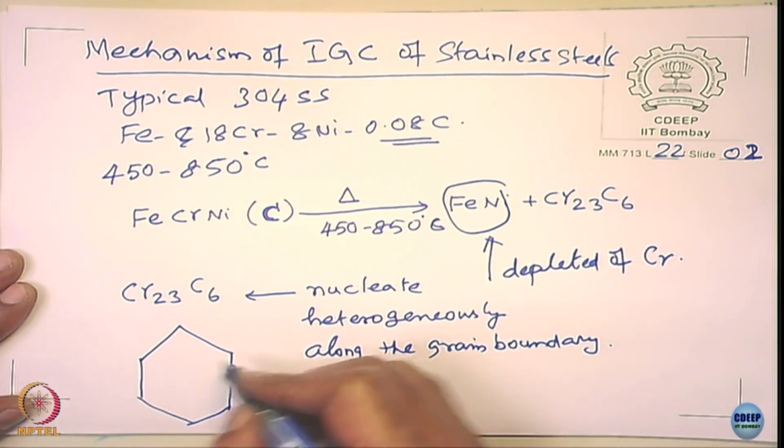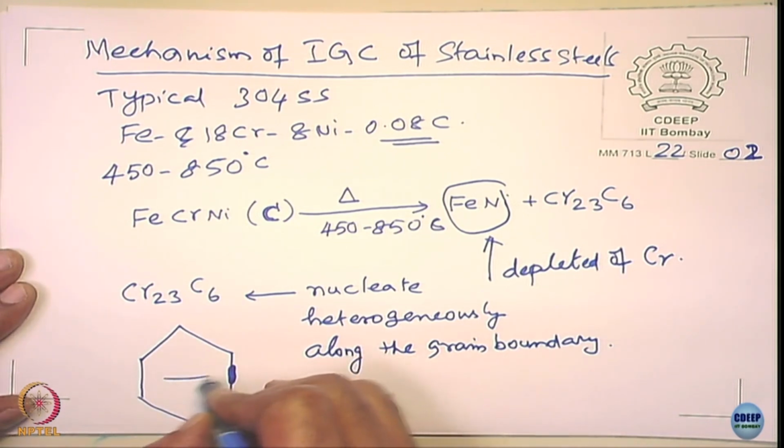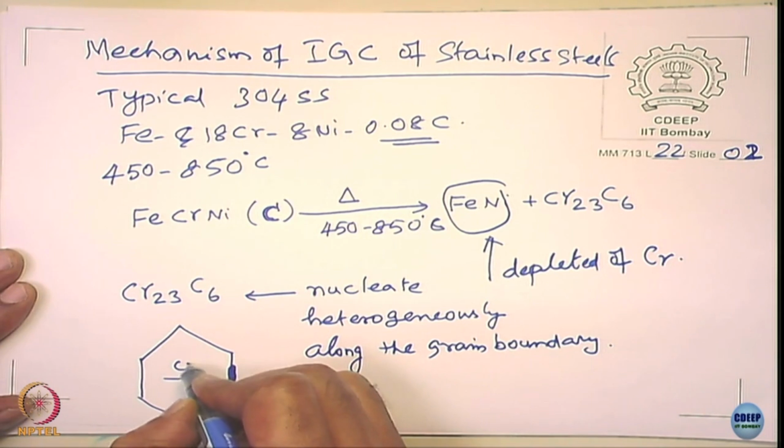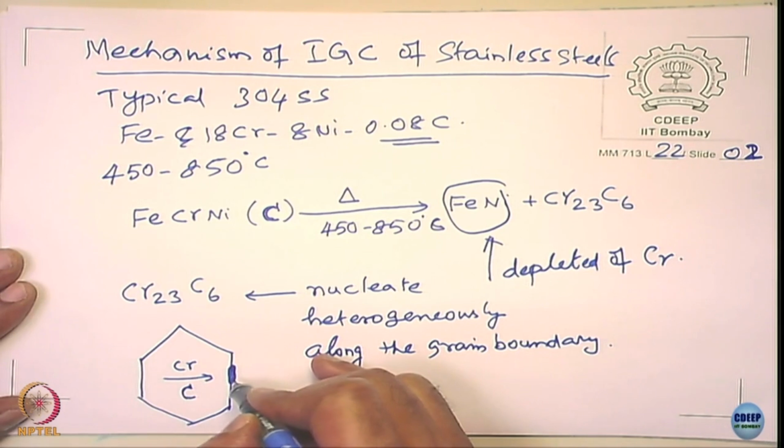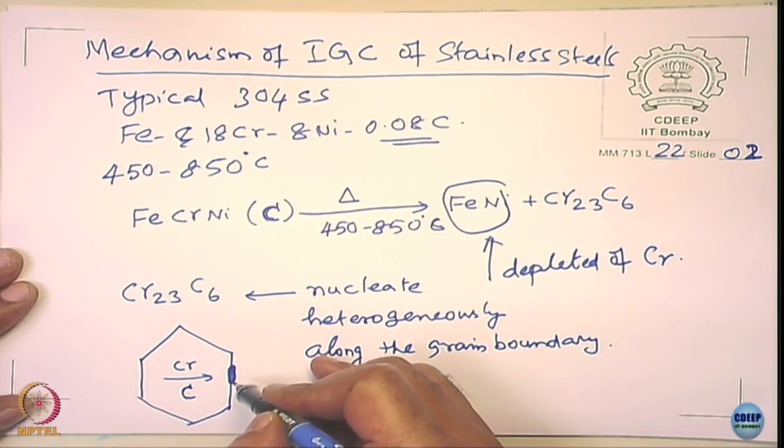So that means the chromium has to migrate, as the carbon does, to form the chromium carbide at the grain boundary.